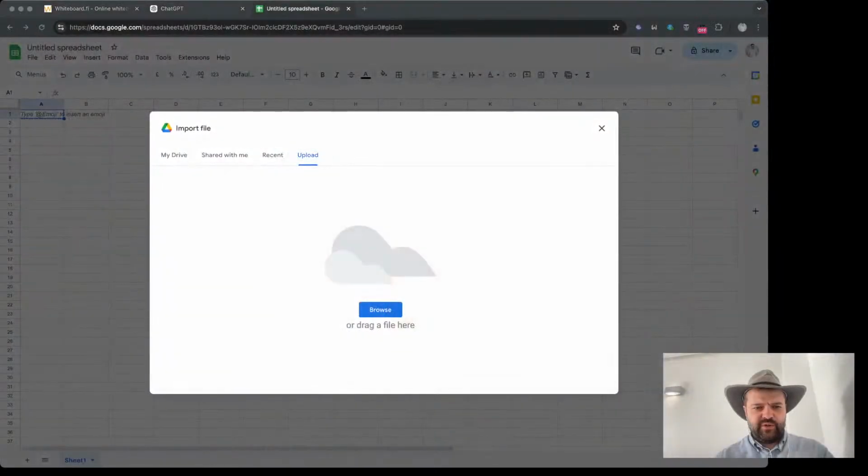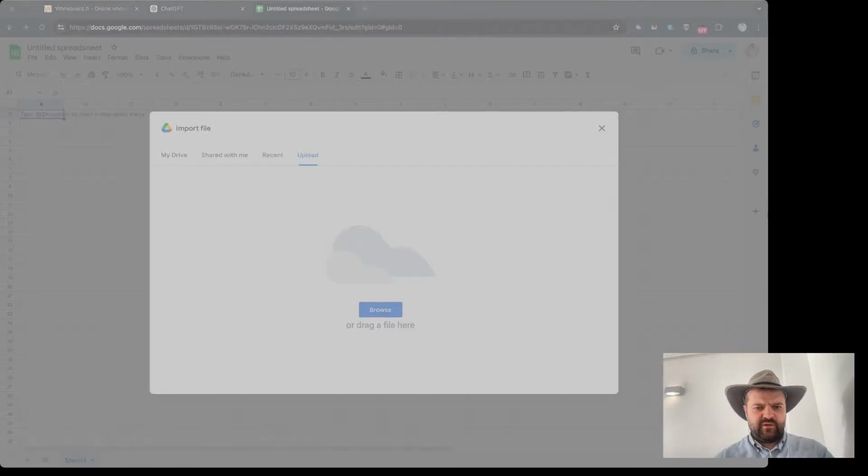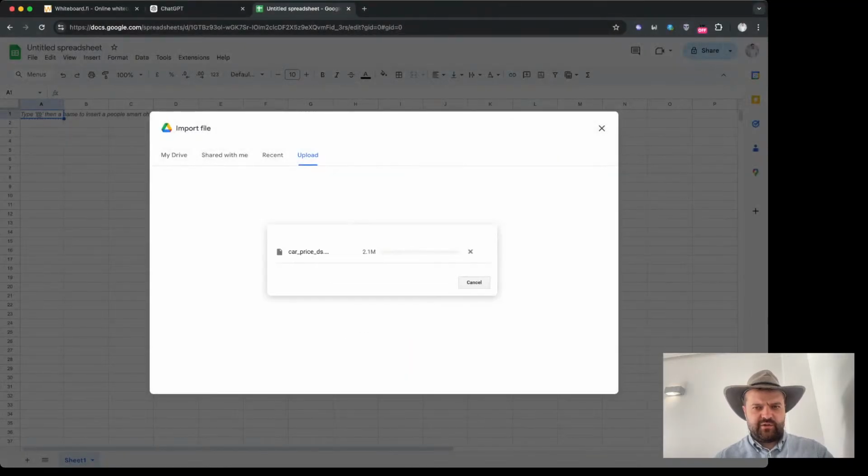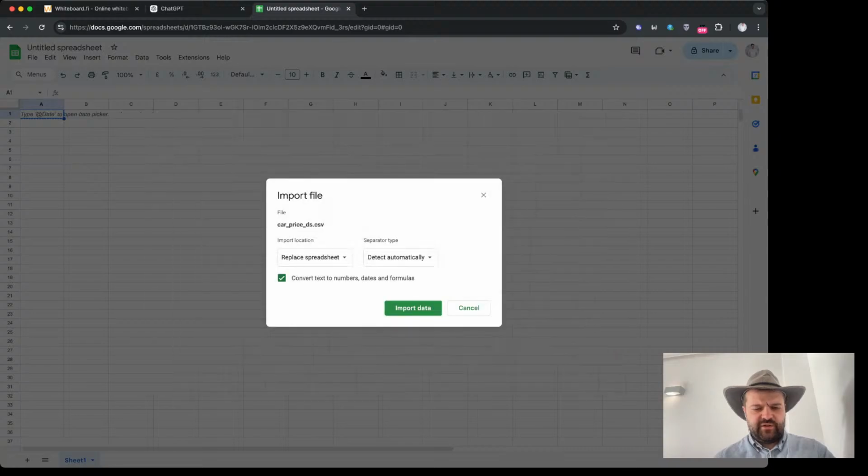Great. So you should be here: file, import, upload. Now I will take the car dataset, it's 2 MB. Now it says replace spreadsheet, import, convert to text, number, data.